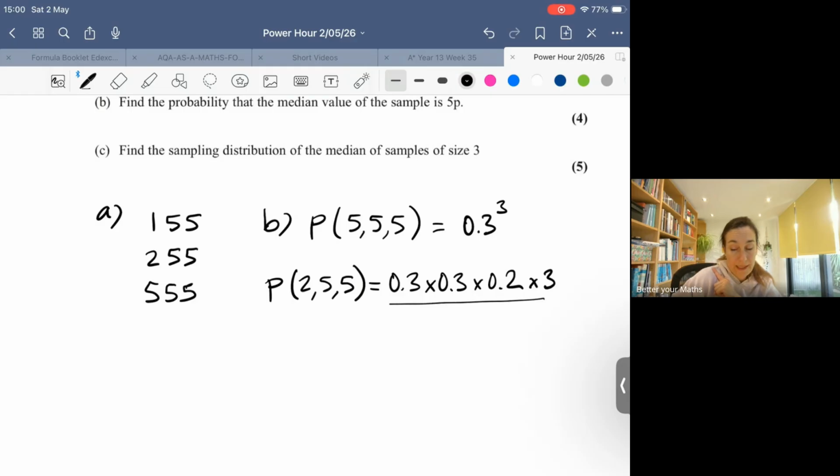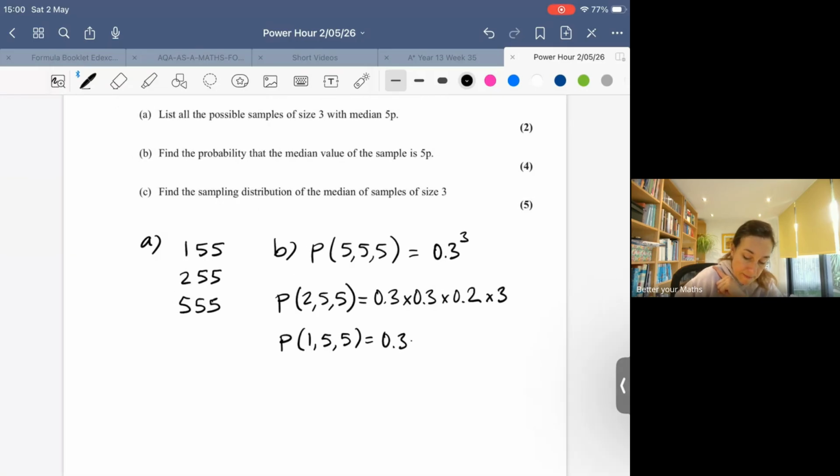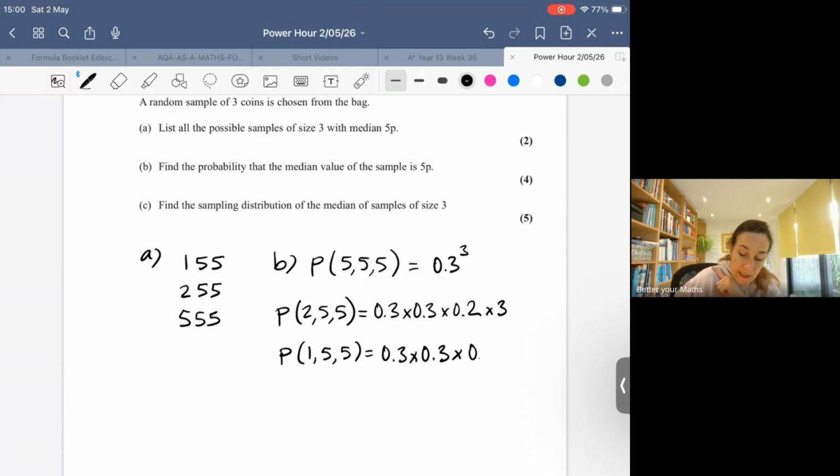In the last one, 155, I have exactly the same: two 5s and one 1, which was 0.5, and again 3 options: 155, 515, 551. It's like those questions with a head and a tail, where you consider all the options by changing the order. Then this is the probability of getting 555, 255, 155.